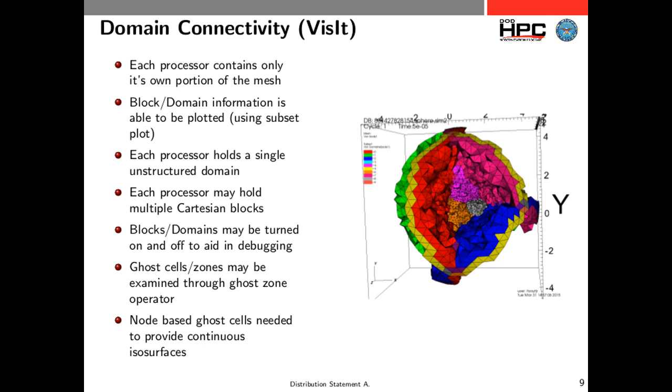And Brad's going to talk about a different way to do it that we used early on. We didn't at first have these ghost cells available. We only had face-based ghost cells, not the node-based ghost cells that Visit needed. But we have that now, and it's nice because if you're trying to debug a case, you can look at what's going on in the ghost cells.